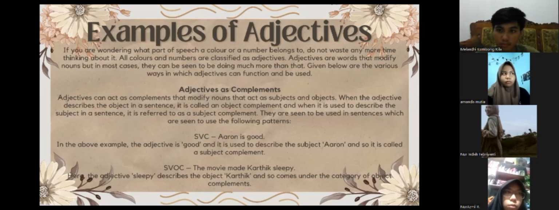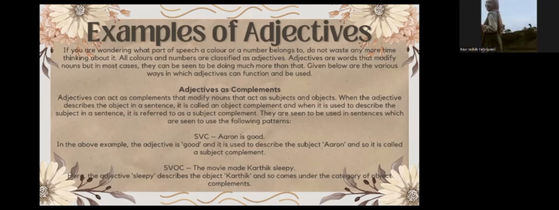The first one is adjective as complements. Adjective complements modify nouns that act as subjects and objects. When the adjective describes the object in a sentence, it is called an object complement, and when it is used to describe the subject in a sentence, it is referred to as a subject complement.